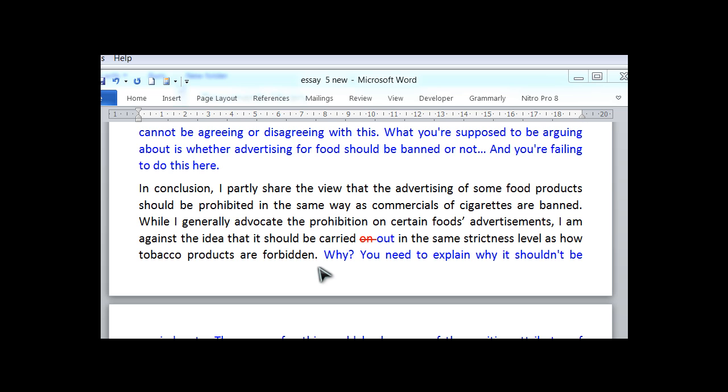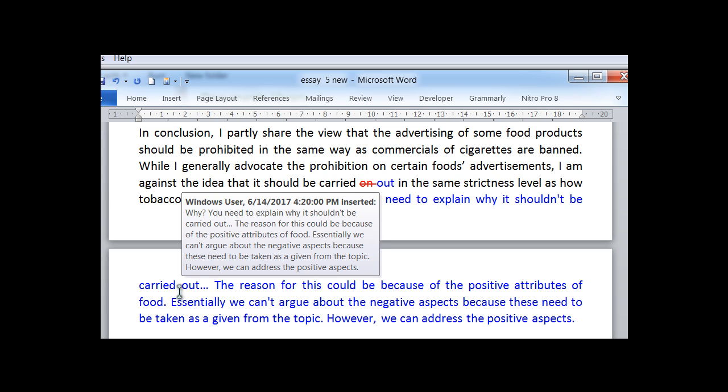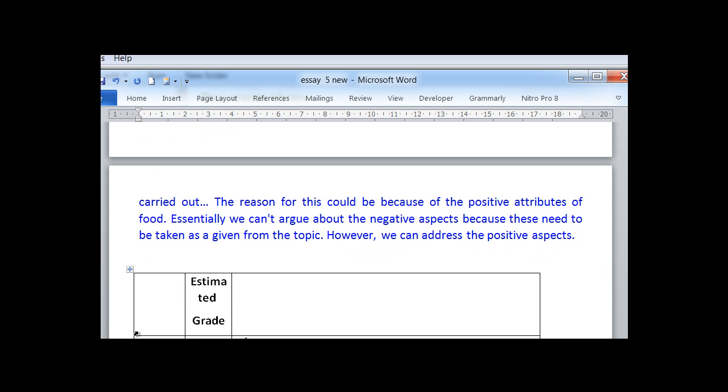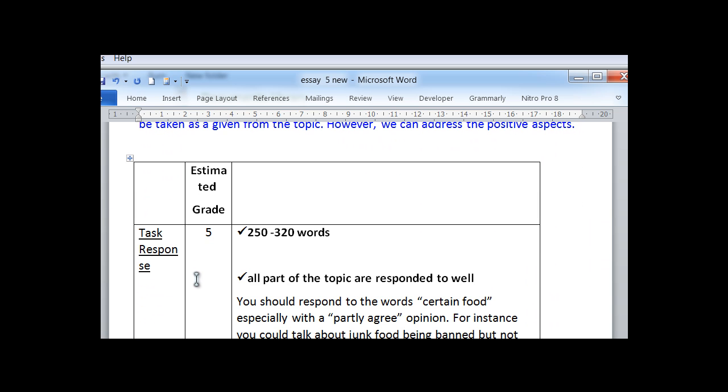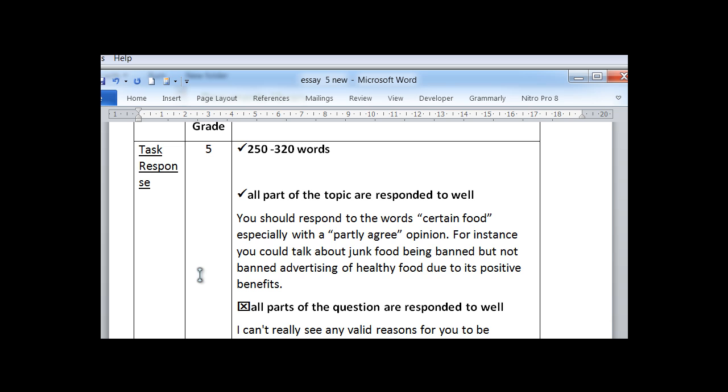Why not? You need to explain why. Okay, and then basically I'm saying it could be that food can have some quite strong positive benefits that we don't get from smoking. So score 5 because it fails to take account of all words in the topic and all words in the question.